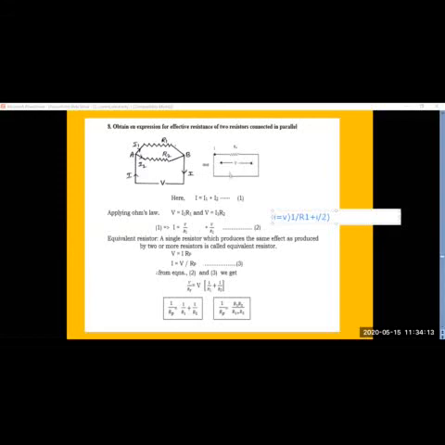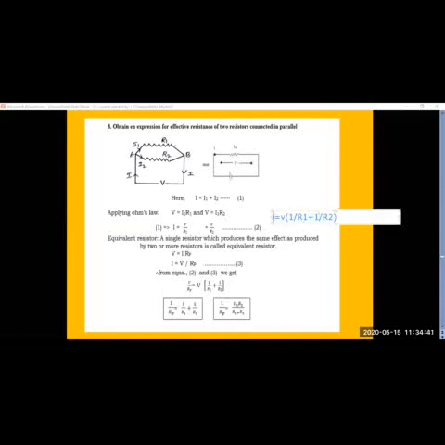I will be your total current, and I1 and I2 will be the smaller currents. So here I will be equal to V divided by R1 plus V divided by R2. When you take out V common, this equation becomes 1 divided by R1 plus 1 divided by R2.